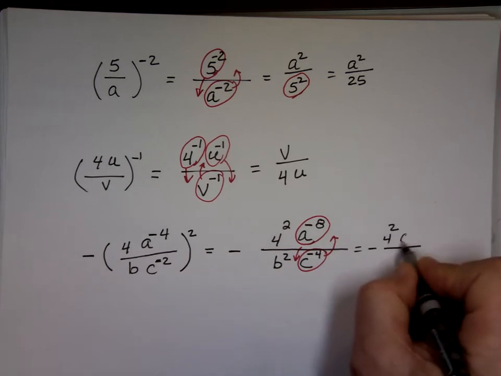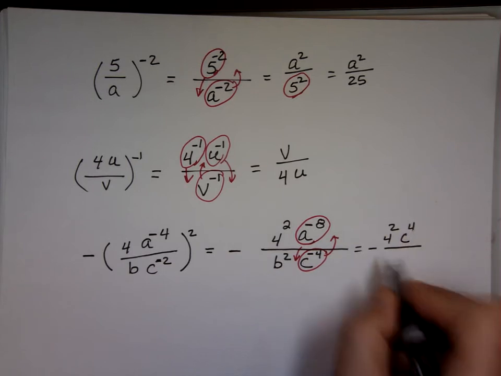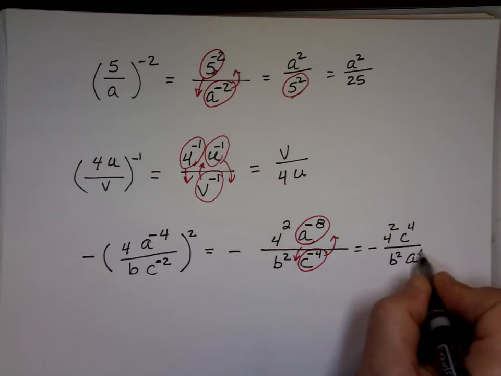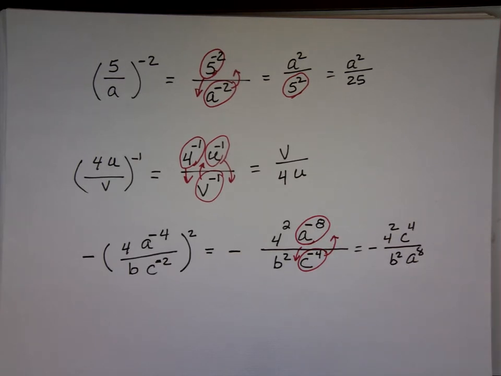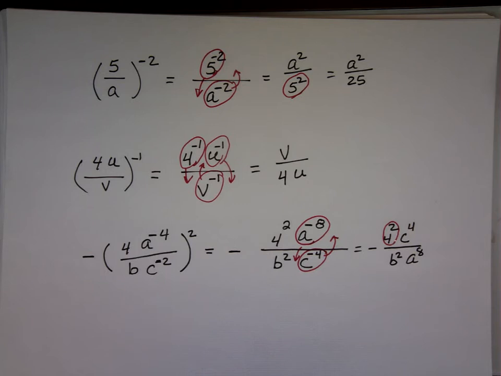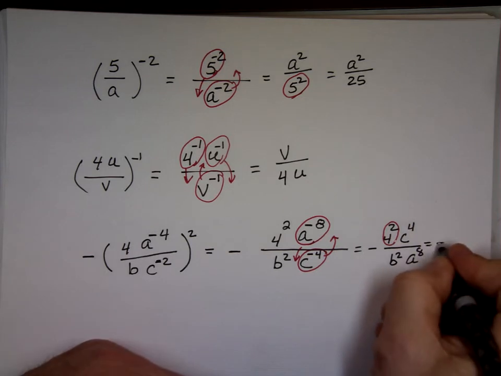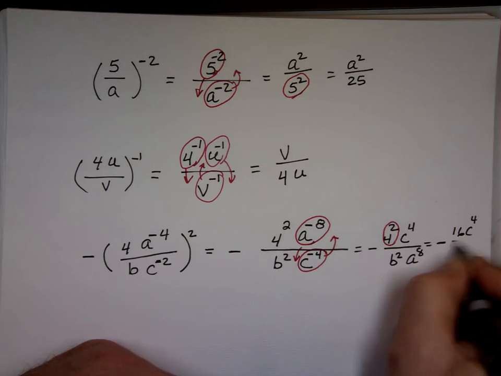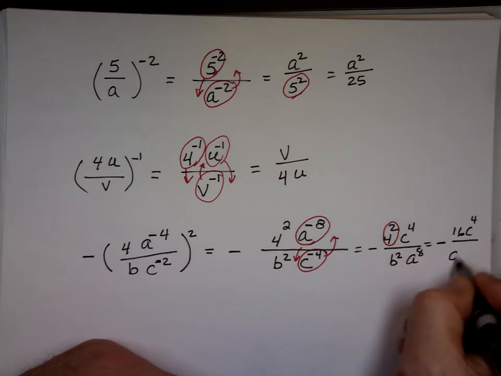And the bottom? b to the second, a to the 8th. Do the 4 squared, that's 16. So there's the minus sign, 16, c to the 4th. I probably write a first, just alphabetical. a to the 8th, b to the 2nd.